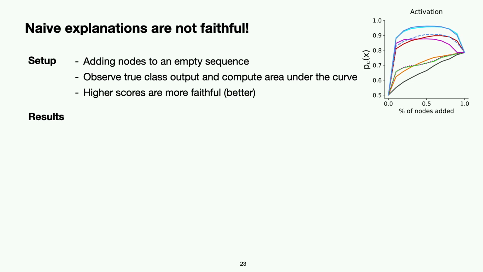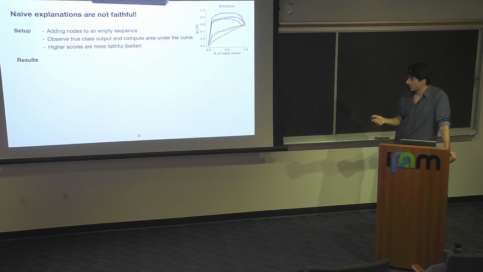And then we gradually observe how strongly the output probability is being produced. A faithful method should go up really steeply, because a few really important features should result in a steep increase of the curve. Then we measure the area under this curve, and higher is a better attribution method.